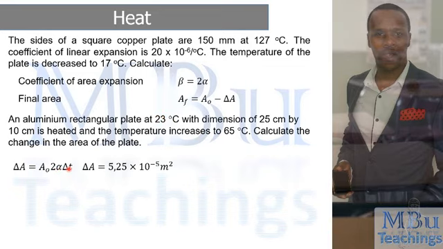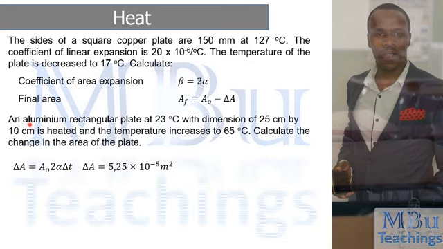Now for this one, A is not given, but we are told that it's an aluminium rectangular plate. So we'll go to our information sheet and look for the alpha of aluminium, because the metal is written there. Coefficient of linear expansion of aluminium. You just read that value and substitute it here.